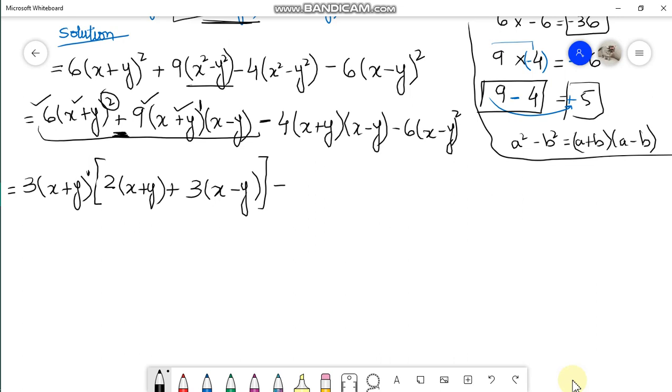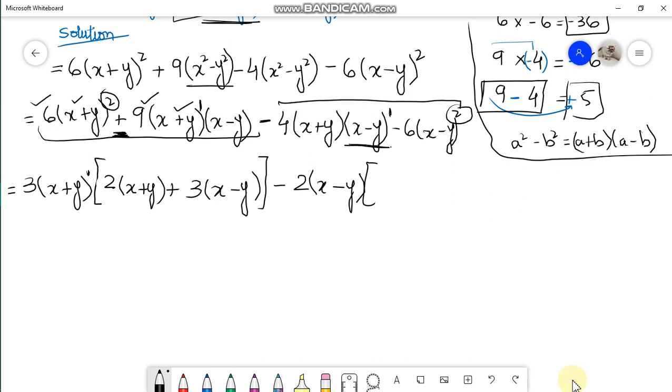Now taking common from the last two terms, we have 4 and 6, it means I have 2 common. And I have (x minus y) one bracket and (x minus y) two brackets, it means one bracket is common, (x minus y). Again I will write the common.